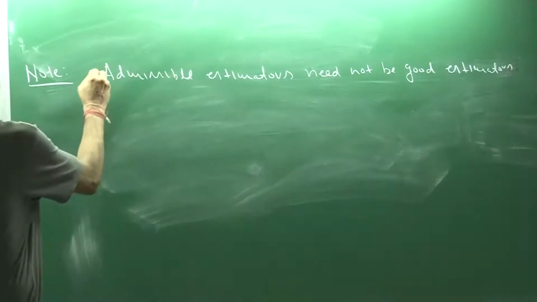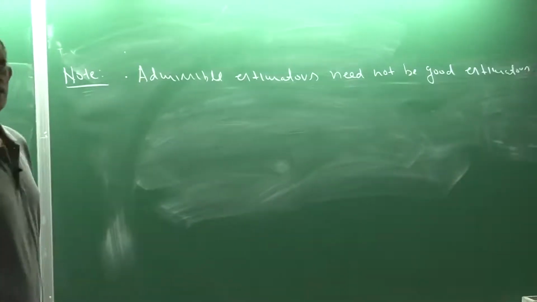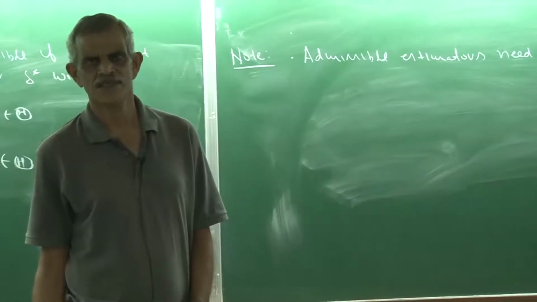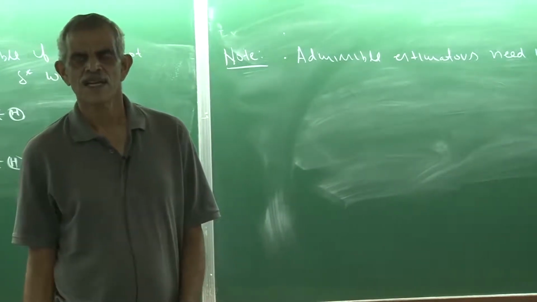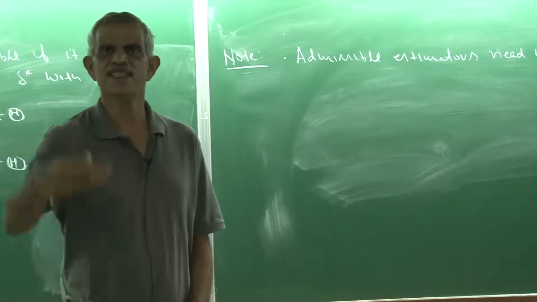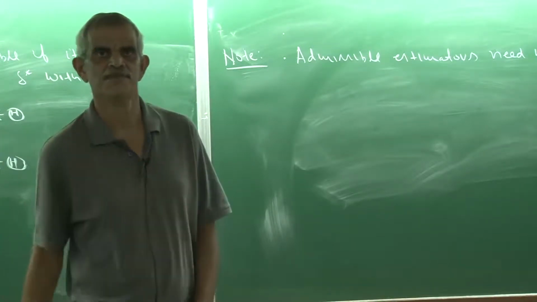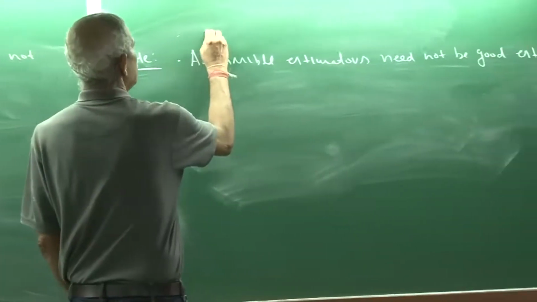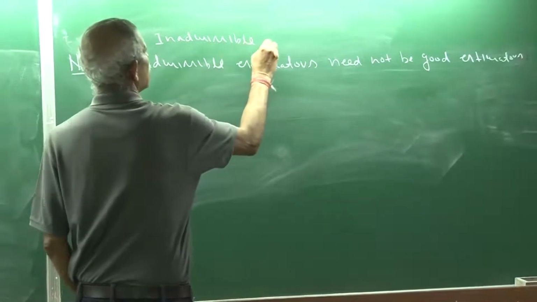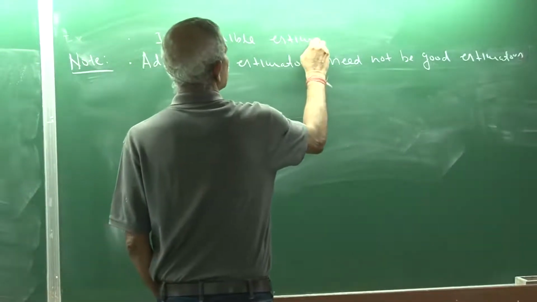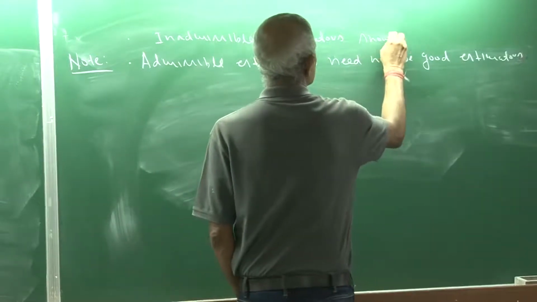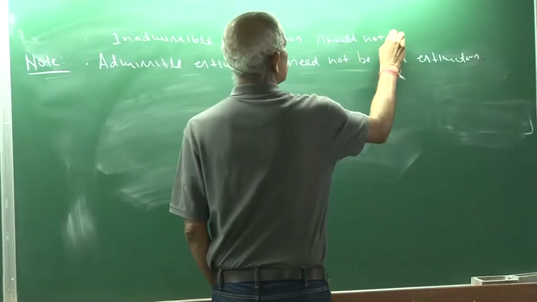But one thing is for sure, that all inadmissible estimators are undesirable. They should not be considered because inadmissibility guarantees that there is an estimator which dominates the given estimator. So inadmissible estimators should not be considered.